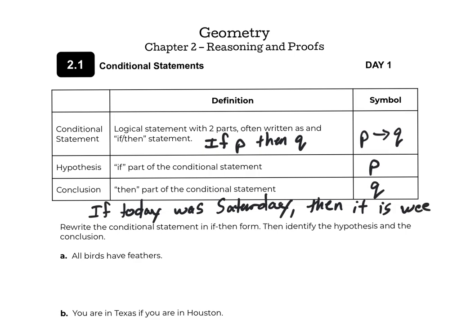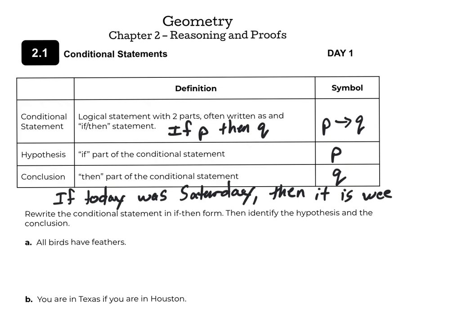Then it is the weekend. If this is true, then this would always be true, right? Today is obviously not Saturday, so therefore it's not the weekend. But that's one thing that we're going to be looking at. Is it a true statement? First thing has to happen, and then the conclusion.